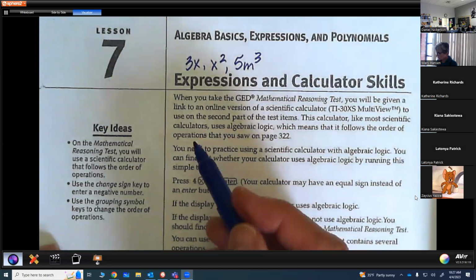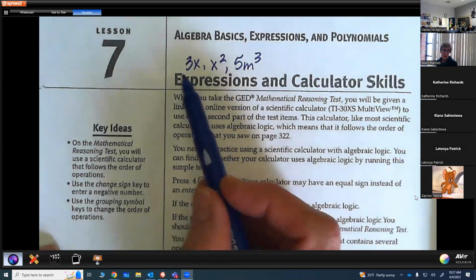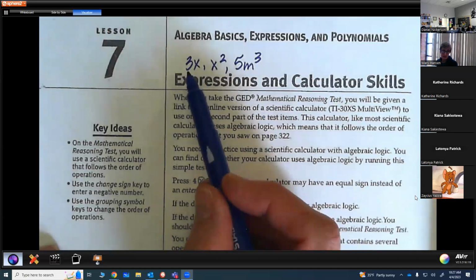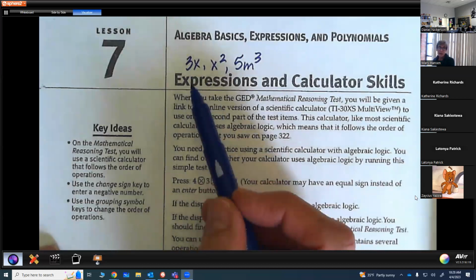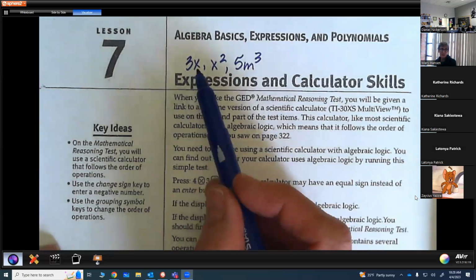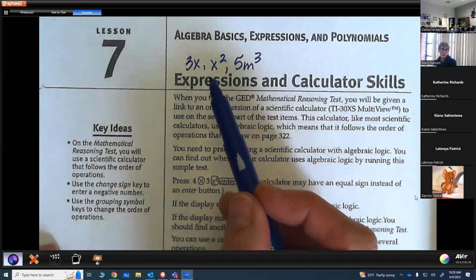Once we know a value for x, we can calculate what 3x means, because 3x means 3 times x. If I tell you that x is 4, then 3x is 3 times 4, or 12. Or if x is 4 and you have x squared, now you have 4 squared, which means 4 times 4, or 16.